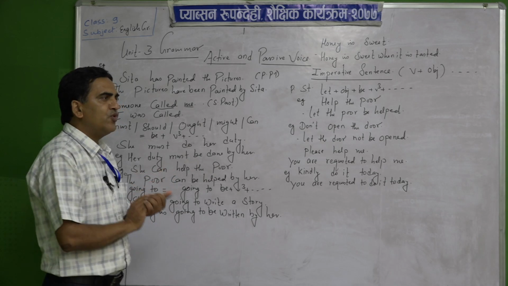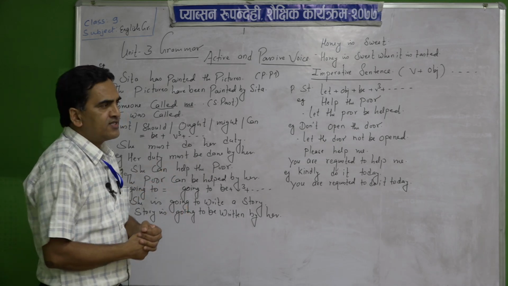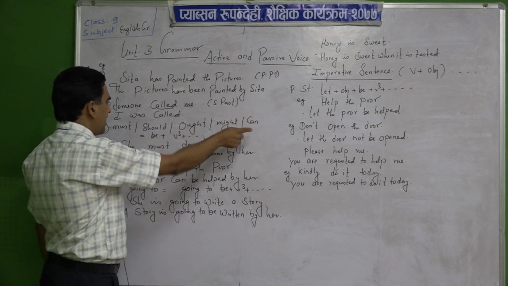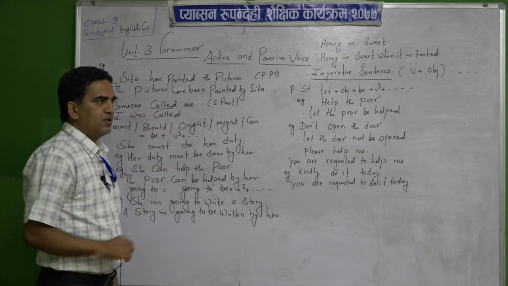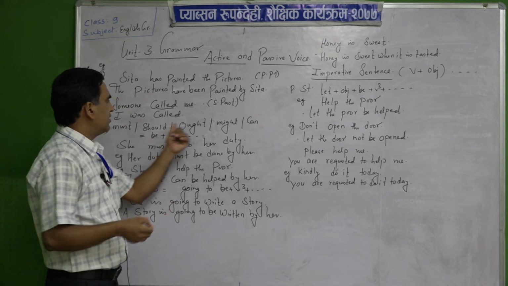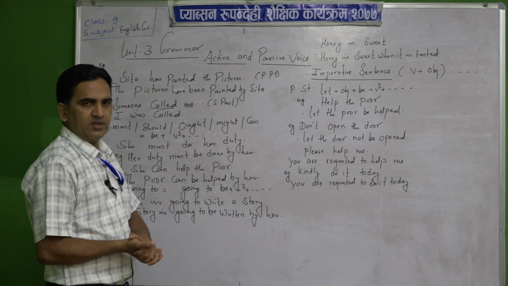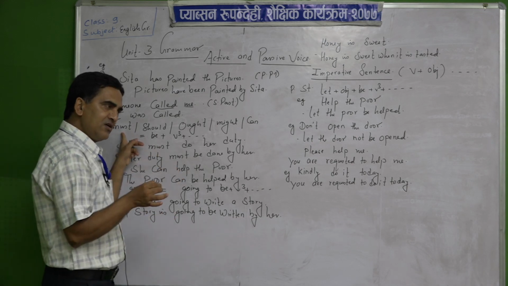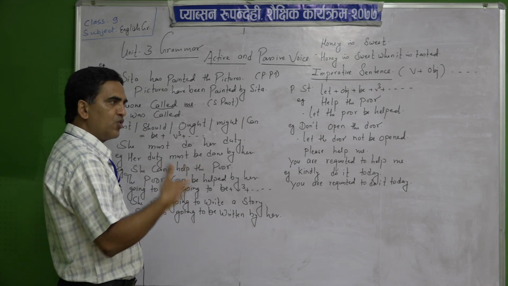Sometimes we have to change sentences having must, should, ought, might, can, may, need, these auxiliary verbs. But when we find this auxiliary verb in the sentence, what do we have to change? What are the structures?